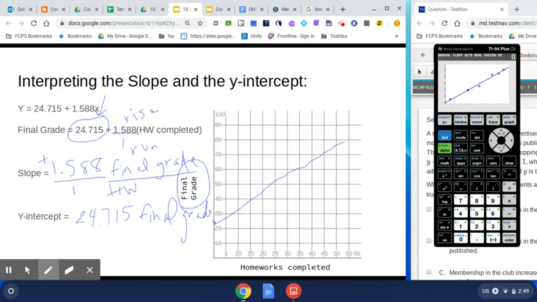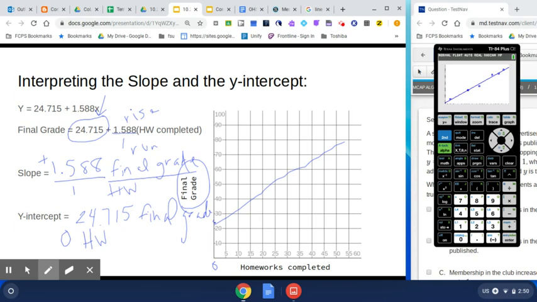All I did was go straight up. So that means the homeworks completed would still be at 0. So basically I'm saying if I don't complete any homeworks, for 0 homeworks done, I'm going to predict that my final grade is going to be 24.715% for this particular class.